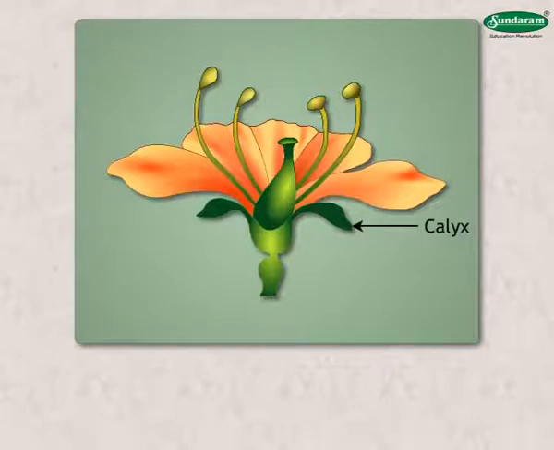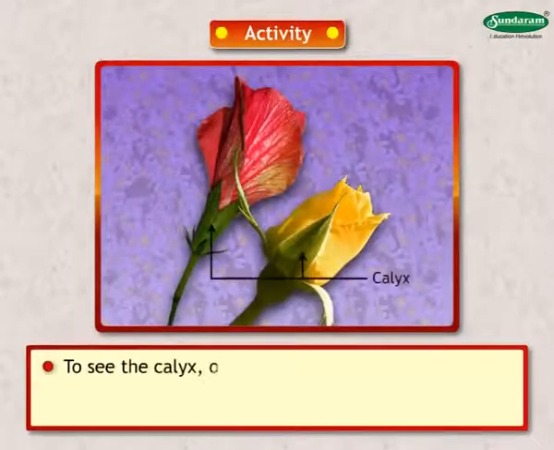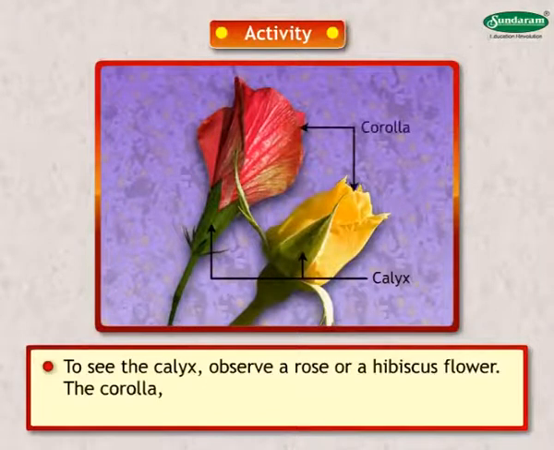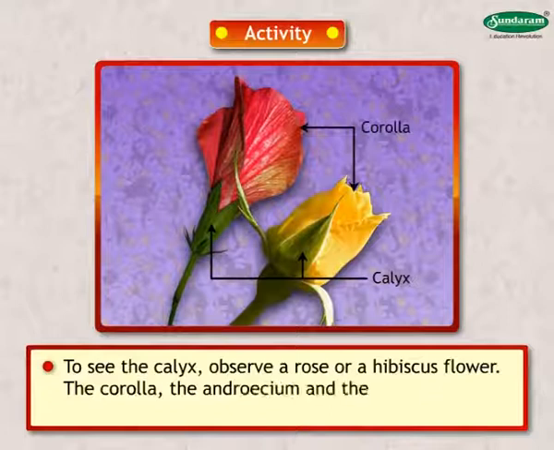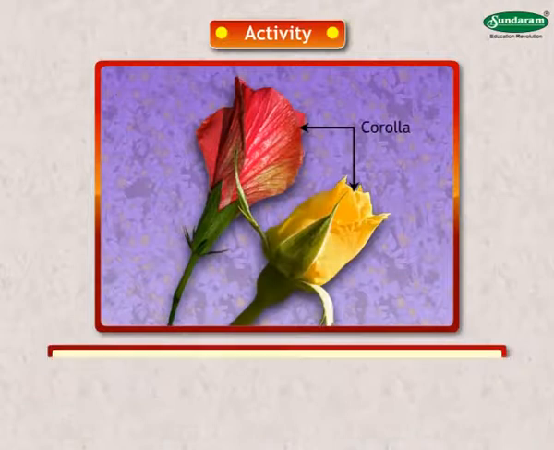The calyx. The calyx is made of sepals which are generally green. See for yourself. To see the calyx, observe a rose or a hibiscus flower. The corolla, the androecium and the gynoecium are held within the calyx. Corolla.